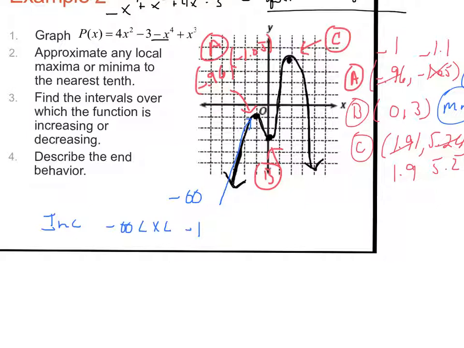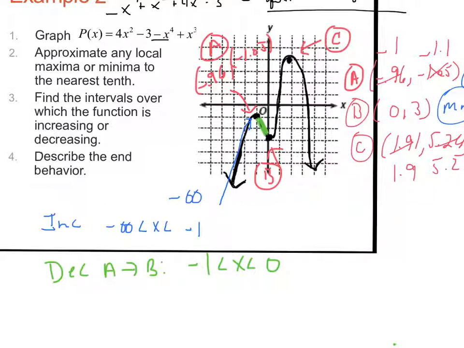Okay? The next interval is going to be from A to B. And as we read, I just put it in green here, from A to B, it's decreasing. Okay? And so to write that interval, I take my A x coordinate, I take my B x coordinate, and I know when x is between those two values, I'm going to be decreasing.